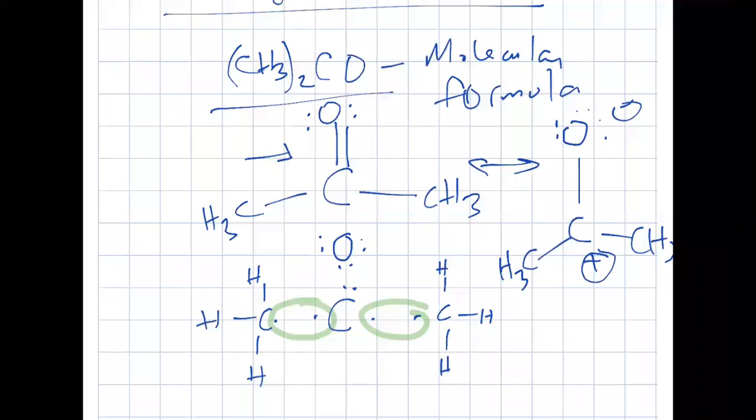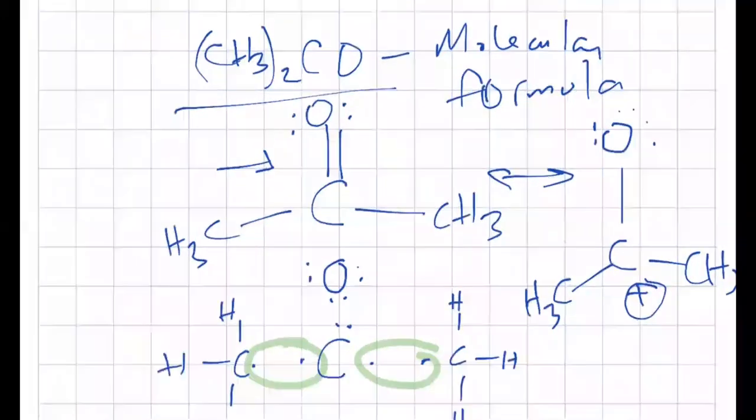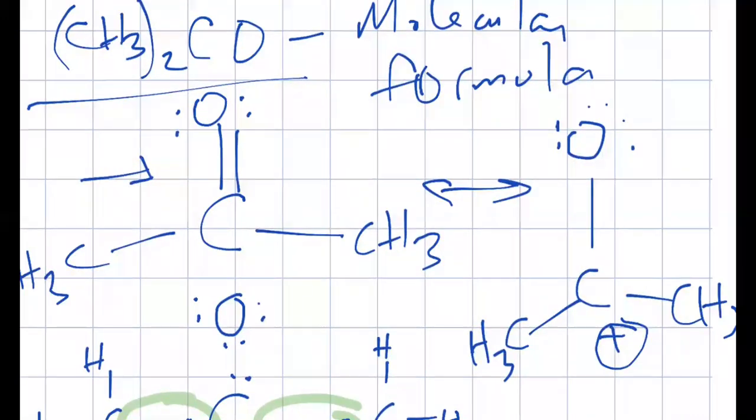Let me make these electrons a little bit more visible too. We see 6 electrons now around oxygen. Now oxygen has a negative charge and then carbon has a positive charge. What changed?